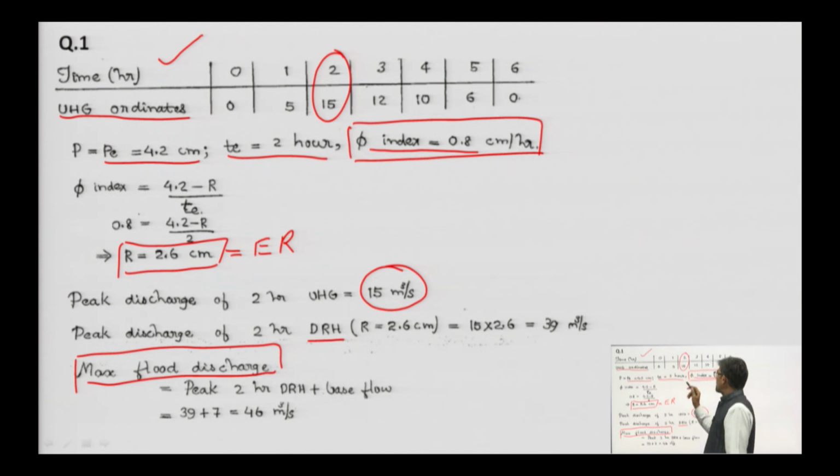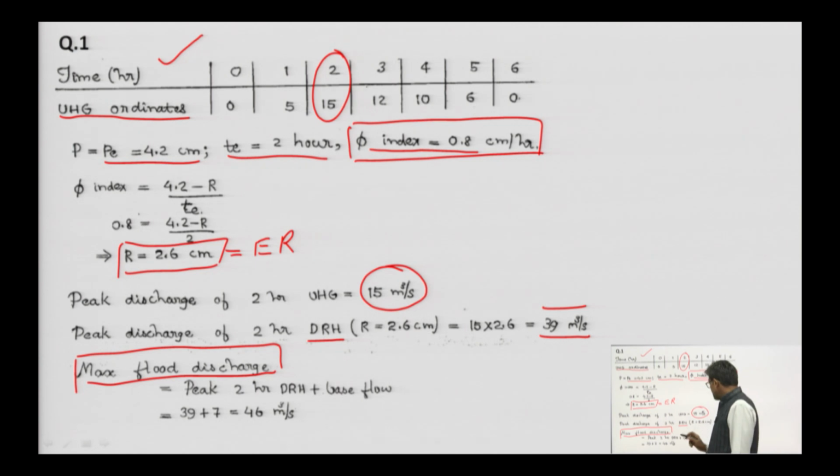Simply we will multiply the ordinate of the unit hydrograph with the effective rainfall, which is 2.6. Therefore, the peak discharge will be 39 cubic meter per second, right.